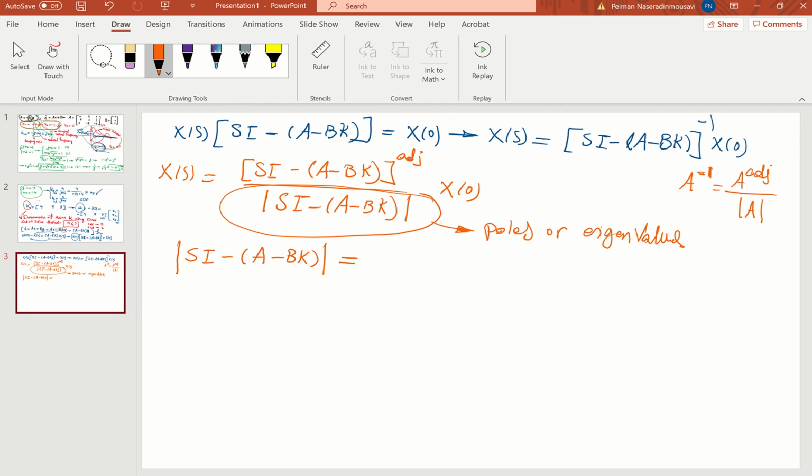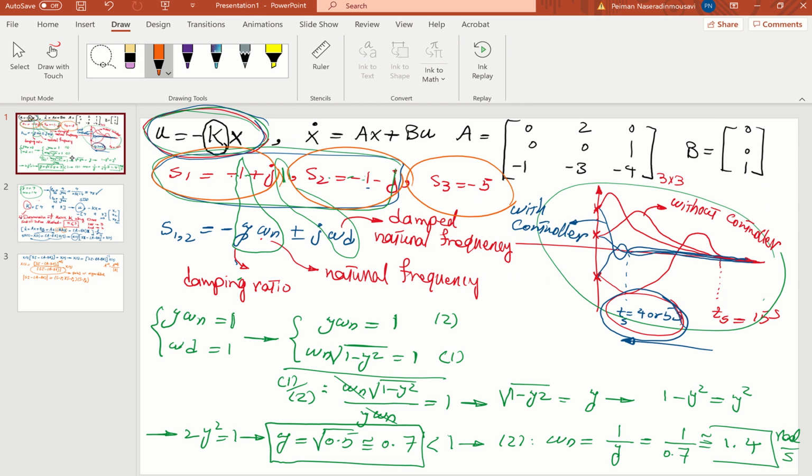Your boss gives you those. I'm going to say (s minus mu1) for this system, (s minus mu2), and (s minus mu3), because I have a third order system, so I have 3 desirable eigenvalues. That's why we name it pole placement.